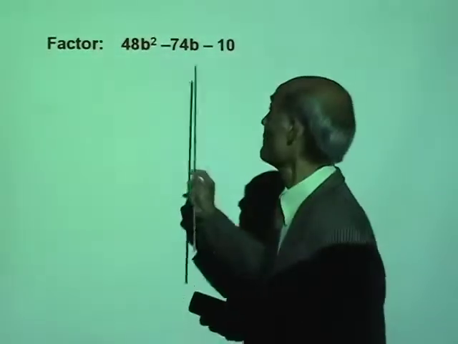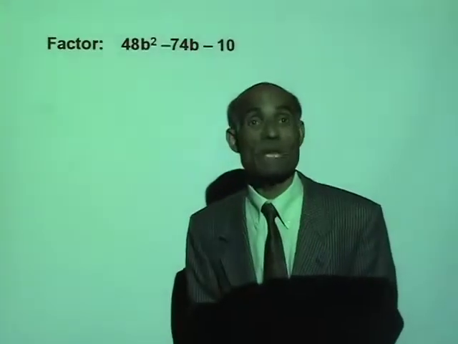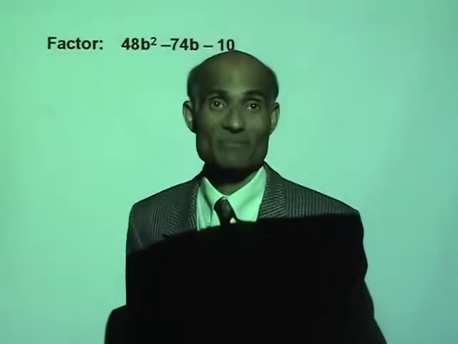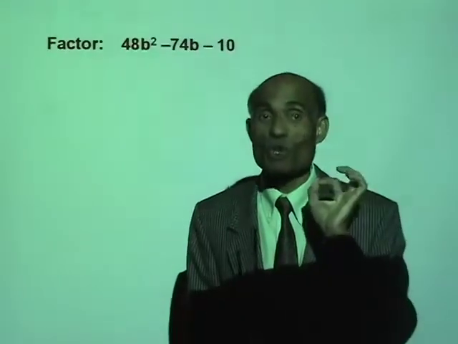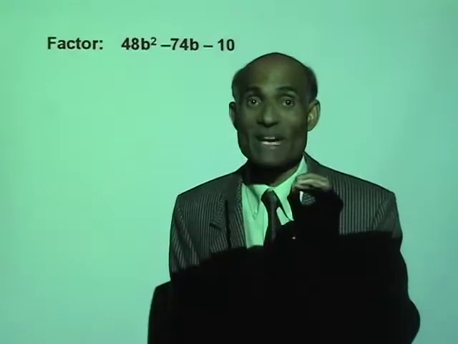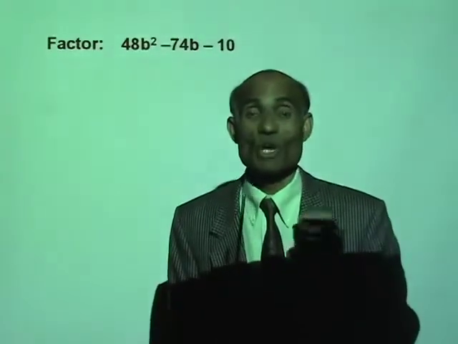Factor 48b squared minus 74b minus 10. Now remember I told you earlier on, the golden rule in factoring is before you attempt any other method, look for common factors.